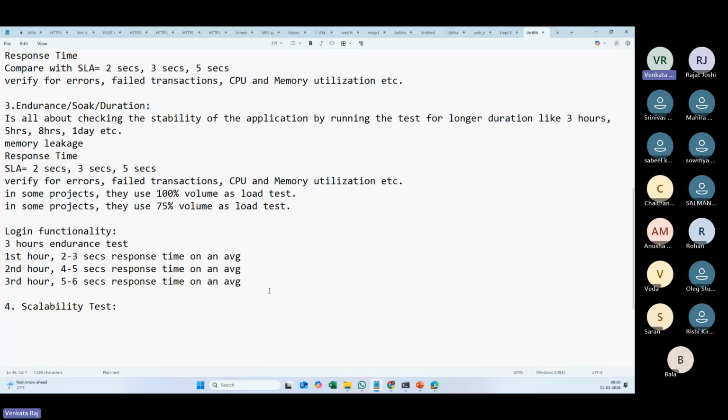So keeping that in mind, we will run the scalability test with that future anticipated volume. If the client is saying that the number of users will increase up to 1000 users, then right now we will run a test with 1000 users and provide our observations and concerns.